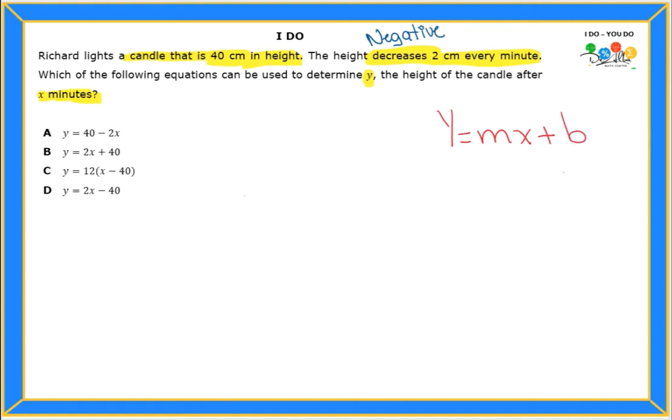For this formula, I would need to find the slope and also the y-intercept. Since the candle is 40 centimeters in height, and then after that it's going to start decreasing, I can think about 40 as the y-intercept.